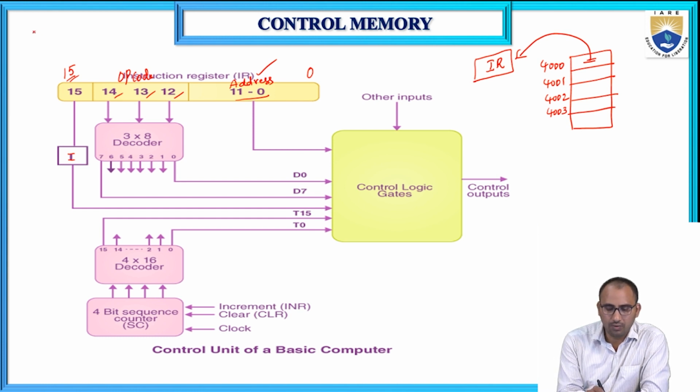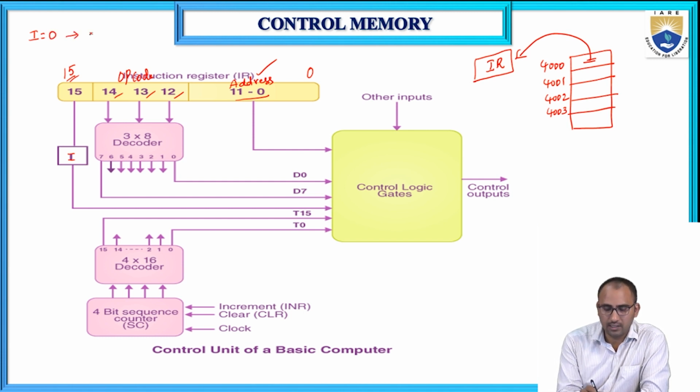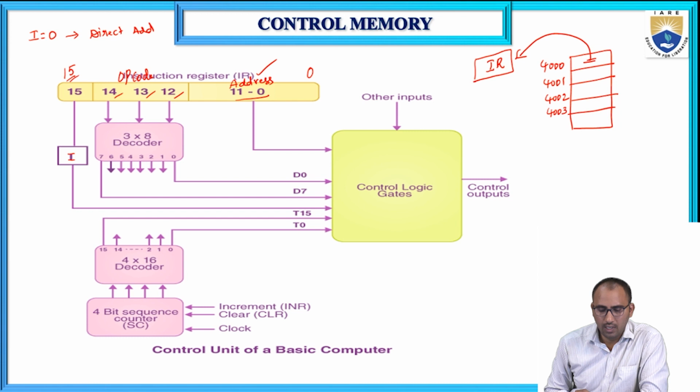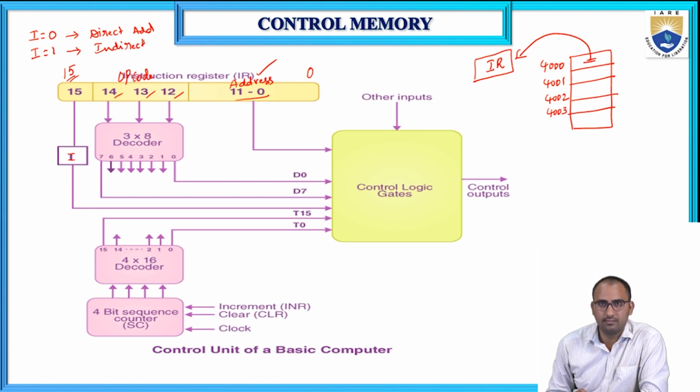When I is equal to 0, that is a direct address. That means when I is equal to 0, the instruction has the direct address. When I is equal to 1, it specifies indirect. The instruction has an indirect address. Okay, so that is one.